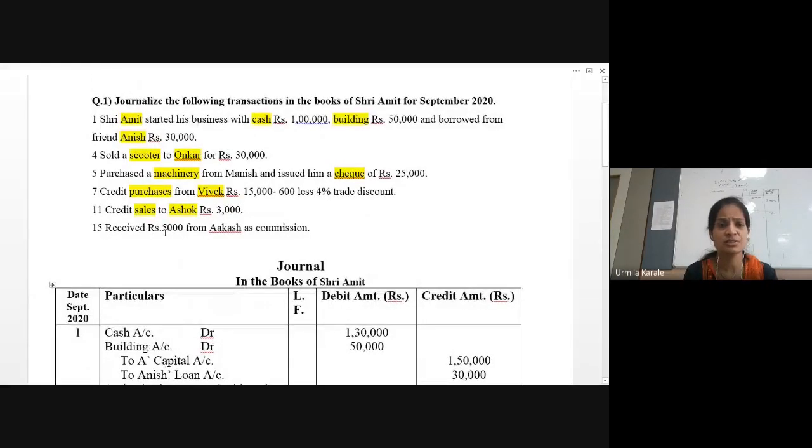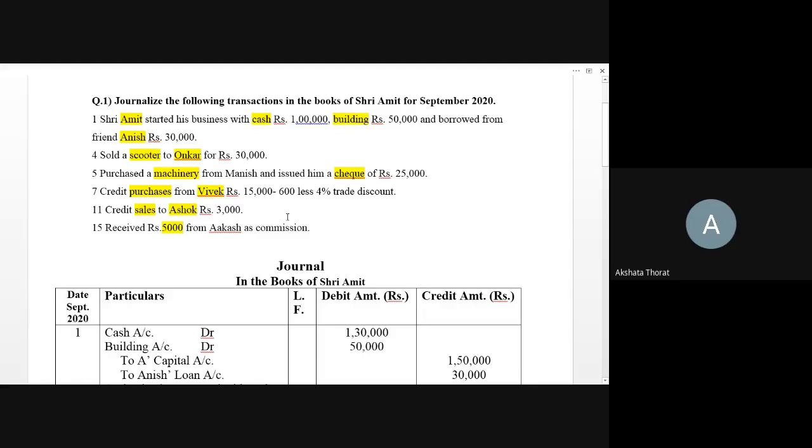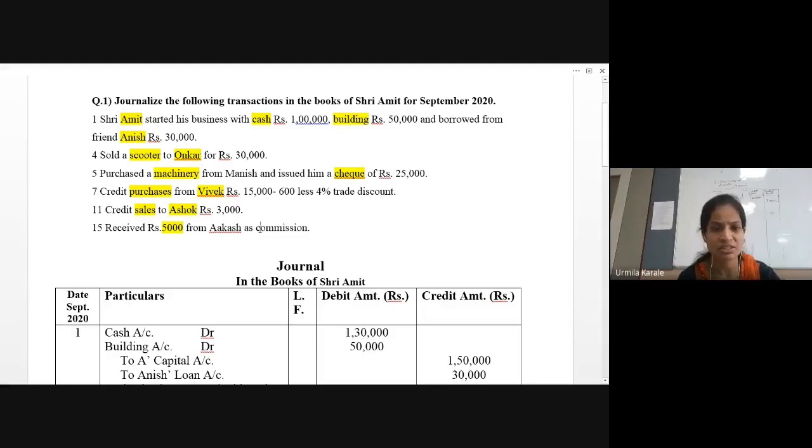15th, received 5,000 from Akash as commission. Now you are receiving, which means you are receiving cash, right? So cash you are receiving, the cash account, money you are receiving. Now tell me what is more important, Akash or commission? So which one is more important? Commission. Because commission is an income, and from whom you received that is immaterial.